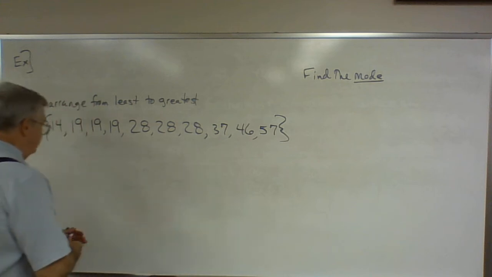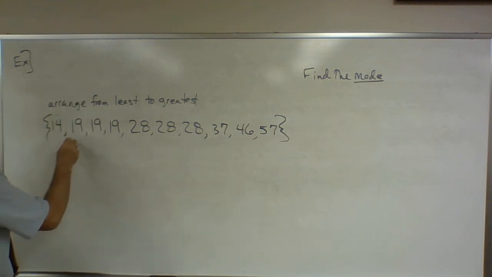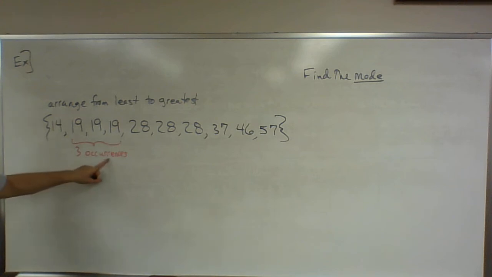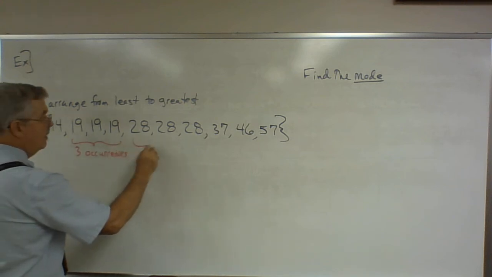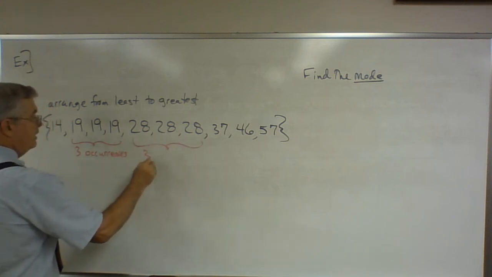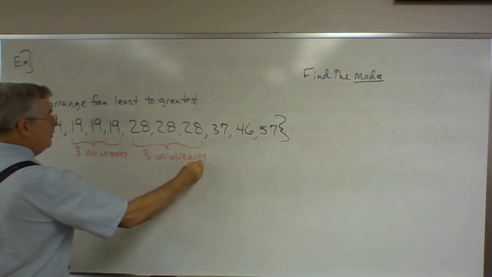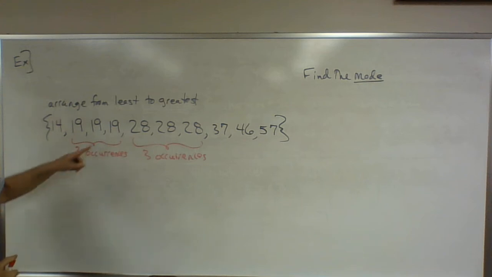And wow, I got 3 19s, 3 occurrences, and son of a gun, the word occurrence actually does have 2 R's. 3 occurrences here. So 19 and 28 are tied for first place.